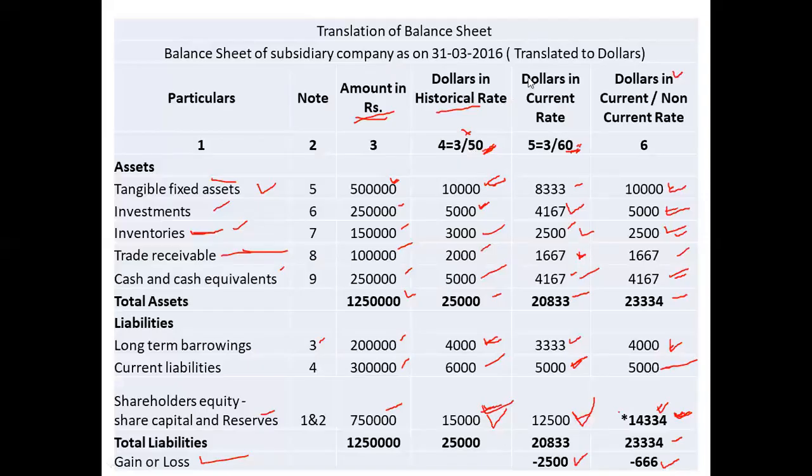Look here, the gain or loss at the current rate. Here 12,500 is the share capital and reserves at the current rate minus share capital and reserves at the historical rate. So 12,500 minus 15,000, we got minus 2,500. It is a loss.